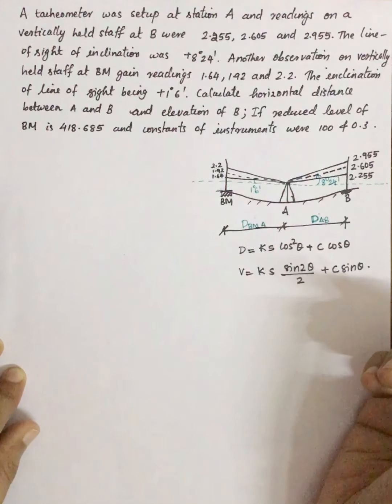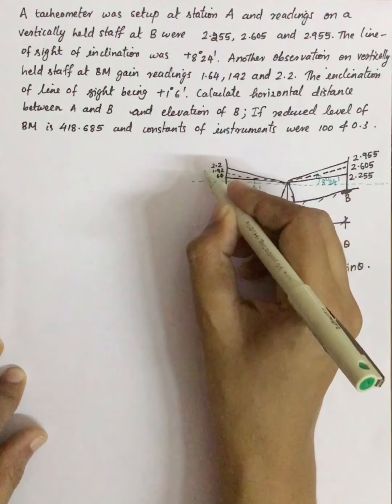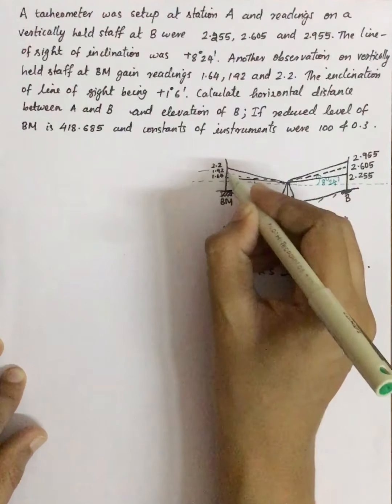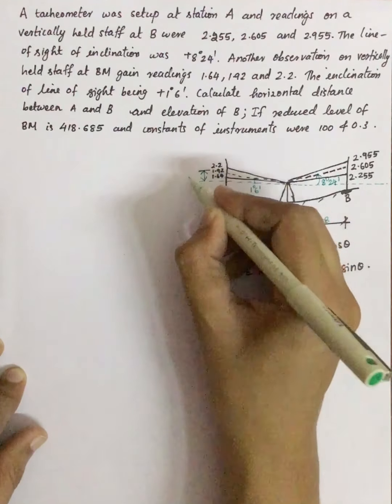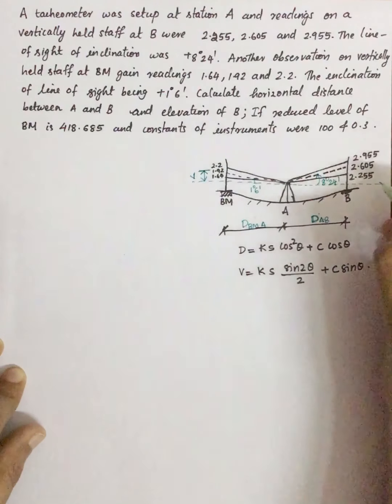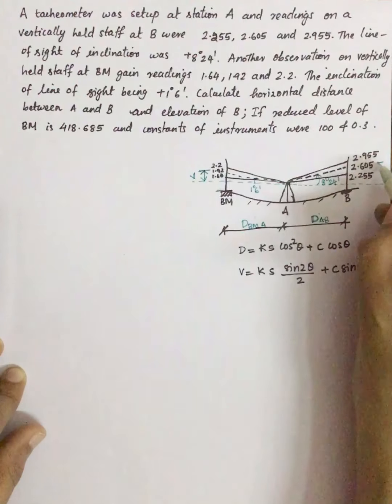From the definition or the theory part, you know V is the distance between the central reading and the horizontal axis. This is the V. Similarly, this is V at the benchmark, between the central reading and the horizontal axis.